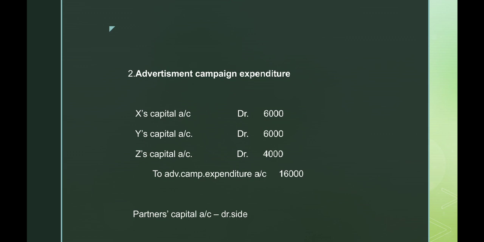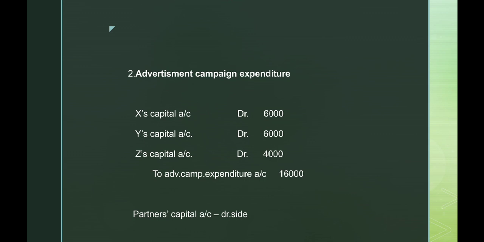That we are not going to distribute because we have already done an adjustment related to the same. Alright, so let us move on to the asset side. Over there, you can see advertisement campaign expenditure and profit and loss account. These two are to be written off among partners. If you have studied the concept of accumulated reserves and profit and loss in detail as per my instructions, then you should not face any difficulty in understanding this.